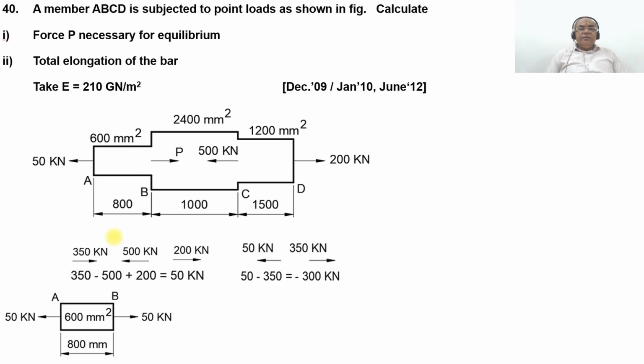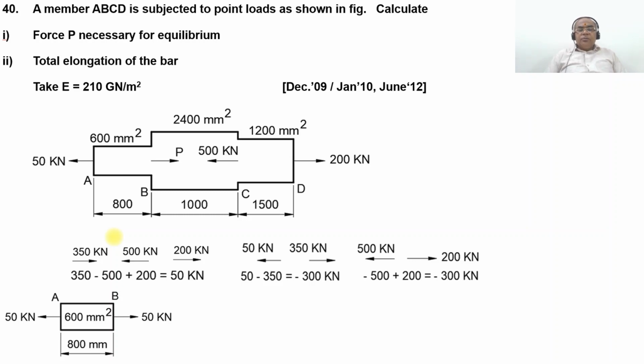On the right hand side you have 500 kilonewton acting toward the left and 200 kilonewton acting toward the right. By sign convention, acting toward the left is negative and toward the right is positive, for compressive and tensile respectively. So minus 500 plus 200 is equal to minus 300 kilonewton.